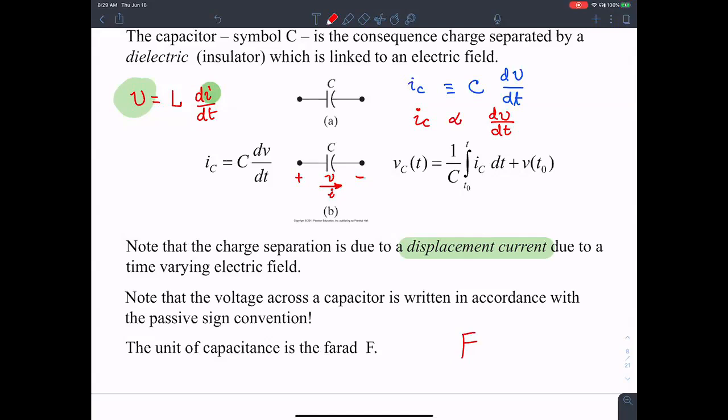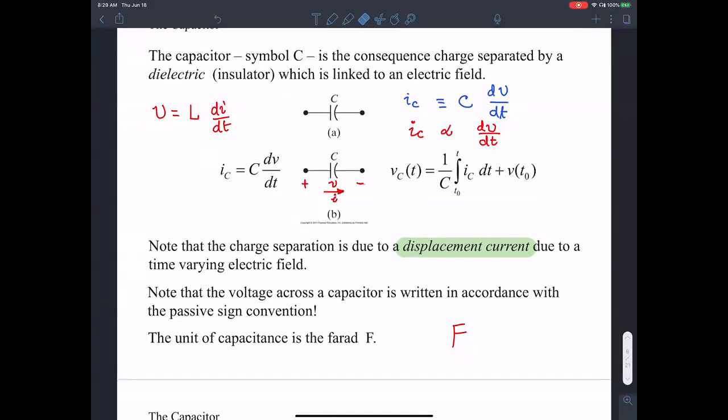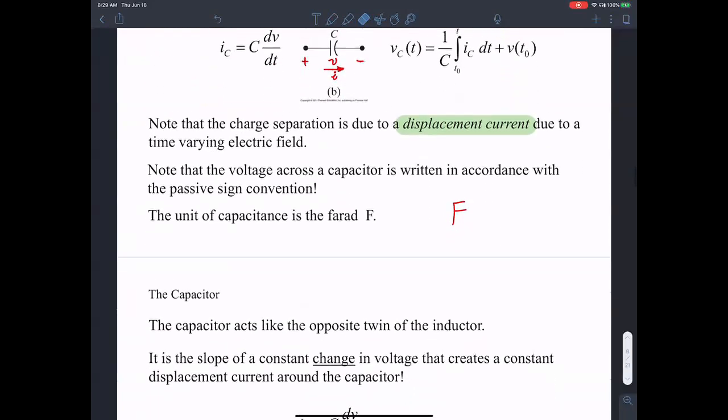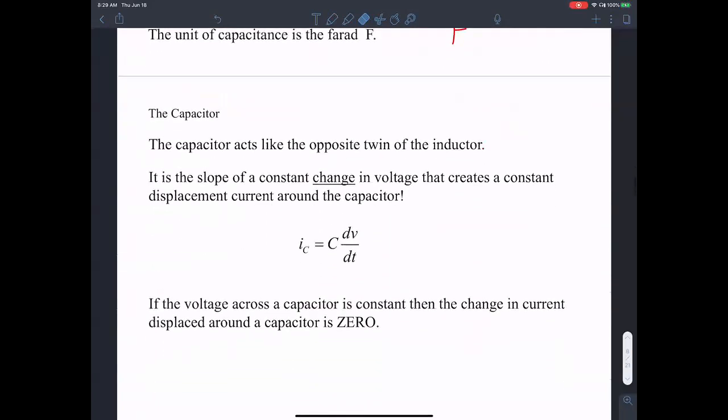Okay, so we looked at inductance in which the voltage is proportional to the slope of the current. Similarly, the current in a capacitance is proportional to the rate of change of voltage, or the slope of voltage. Okay, the capacitance acts as a twin of an inductor.